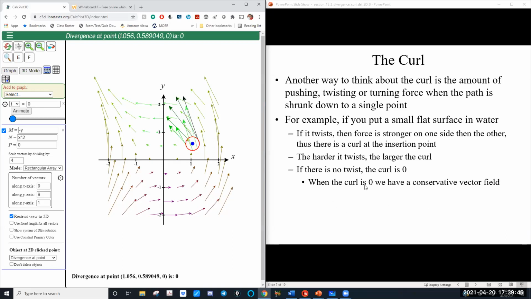But when the curl is 0 for an entire vector field, not just at a point, we have a conservative vector field. And when we have a conservative vector field, it's a gradient field, and there is a potential function. So all those ideas are tied together. We're going to explore this idea more in subsequent classes, but I'm just bringing it up today since we're talking about the curl.